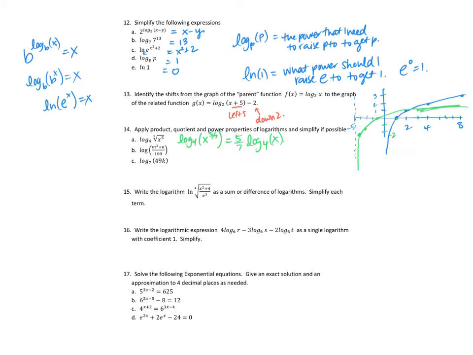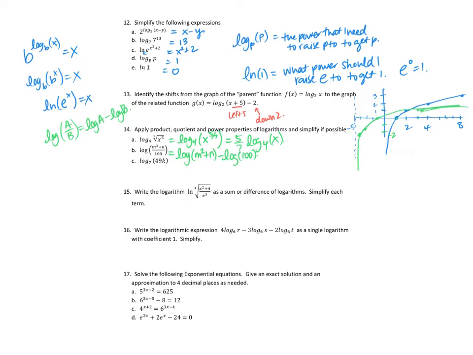Okay. For the next one, I have log of m squared plus n over 100. And I know that log of a over b can separate out as subtraction: log of a minus log of b. So this is equal to log of m squared plus n minus log of 100.